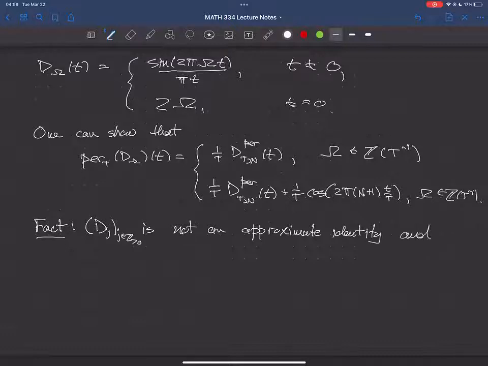And d per T n, as n now is your index, is not a periodic approximate identity.